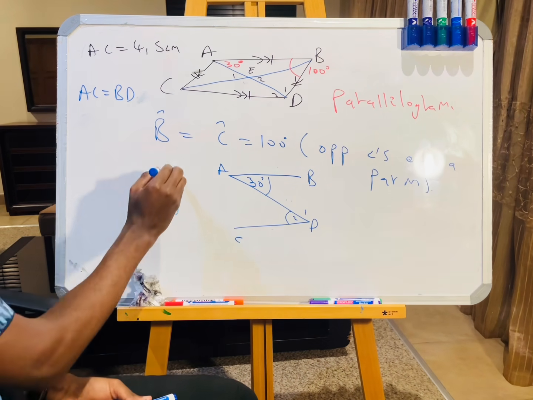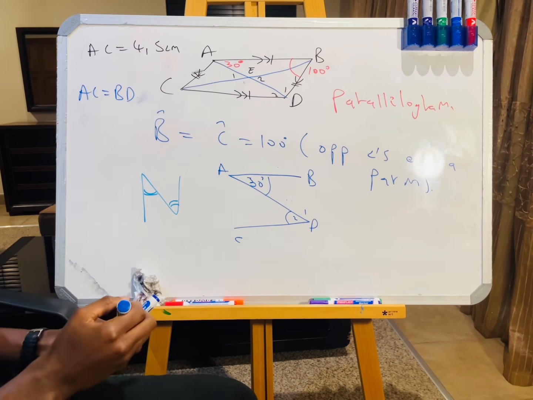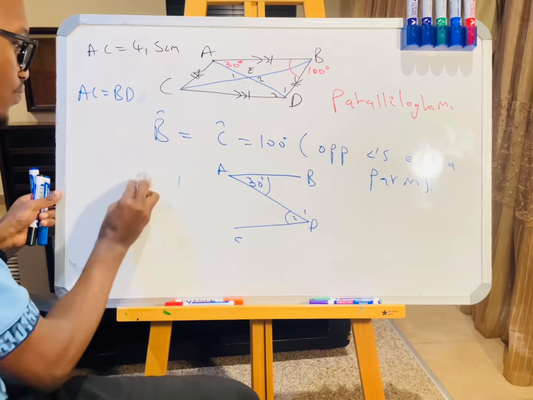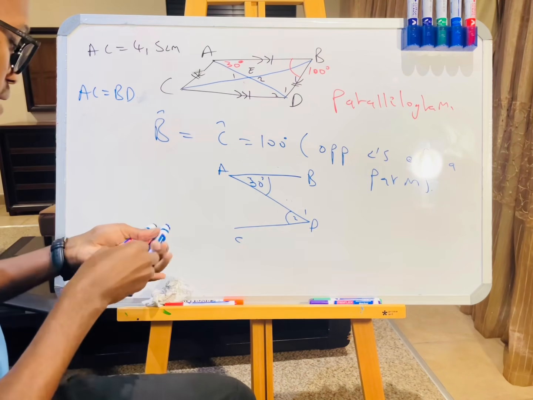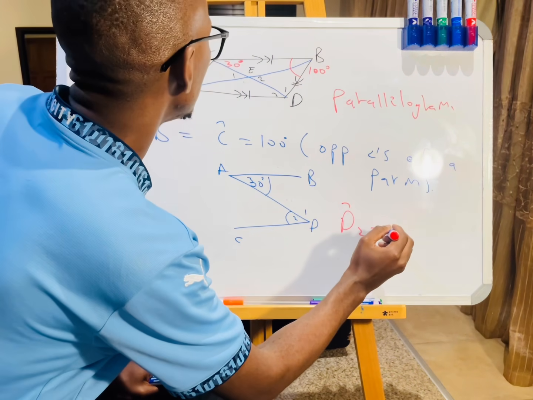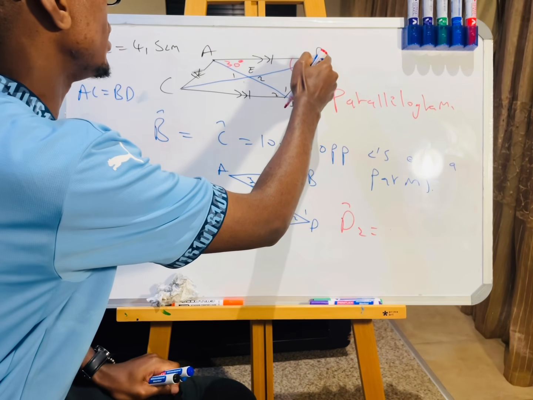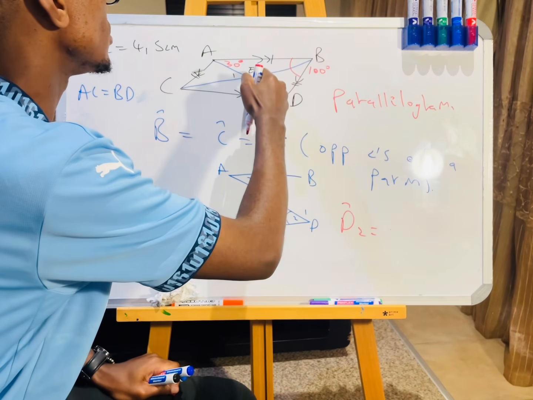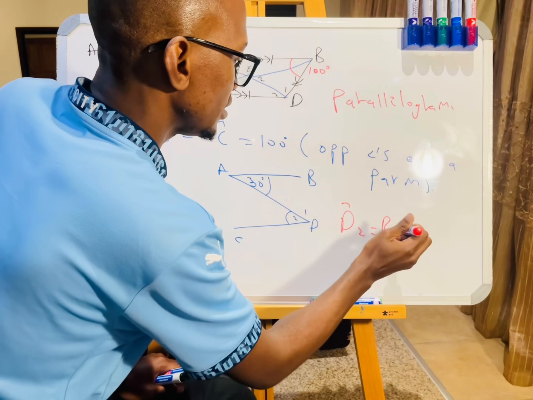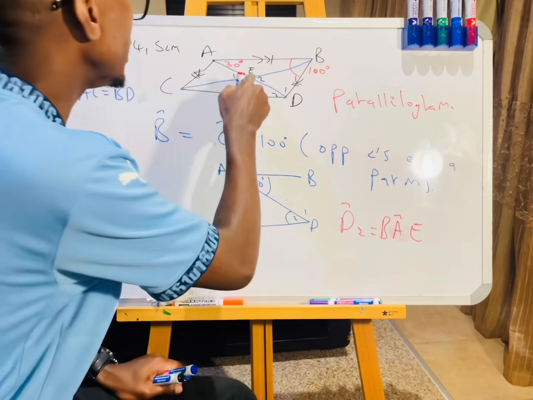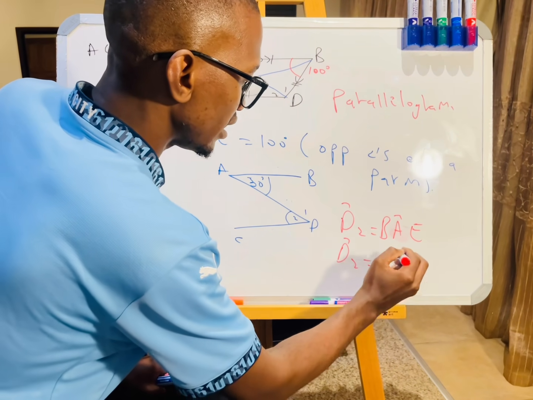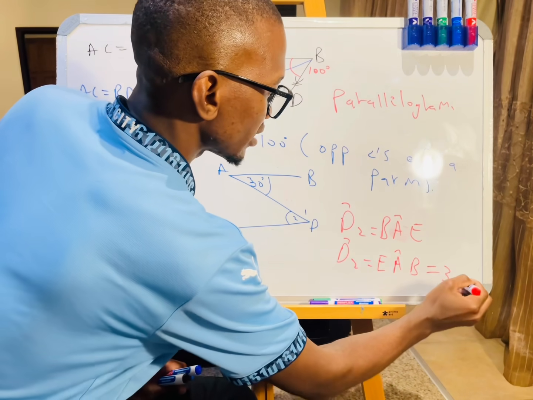Even if it's like this guy and this guy, they're still alternate because I can rotate this and it looks like an N. So I'm going to say that angle D2 equals angle EAB. It's the same thing. They are all equal to 30 degrees.